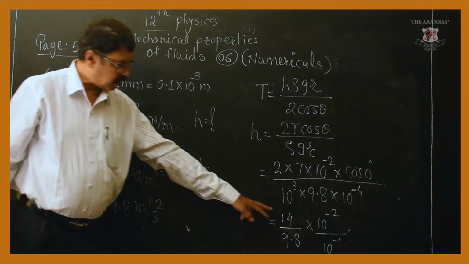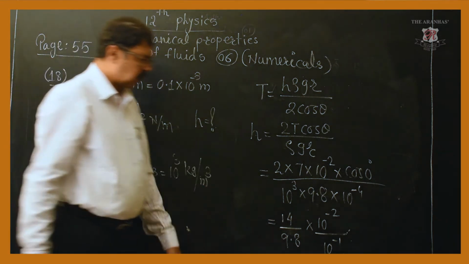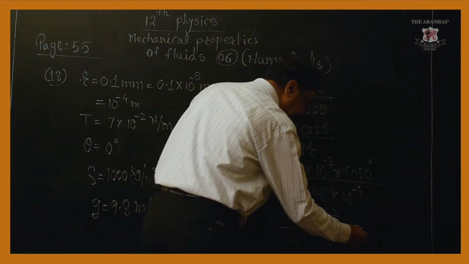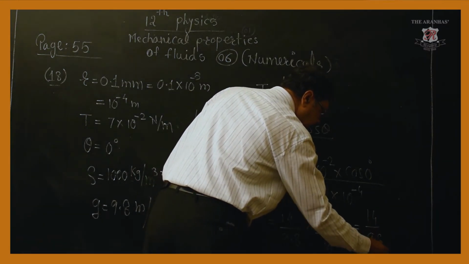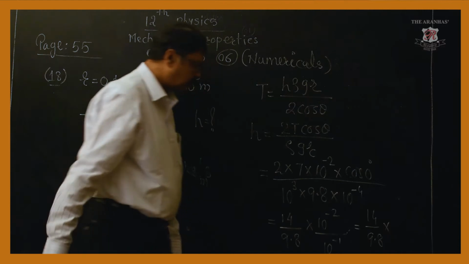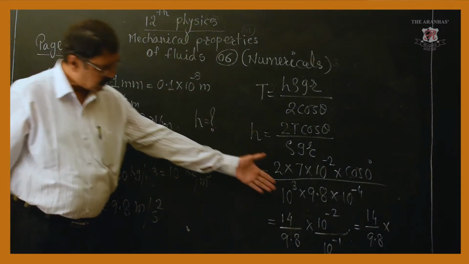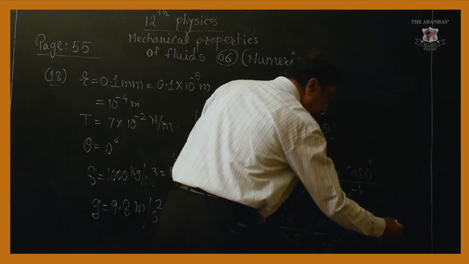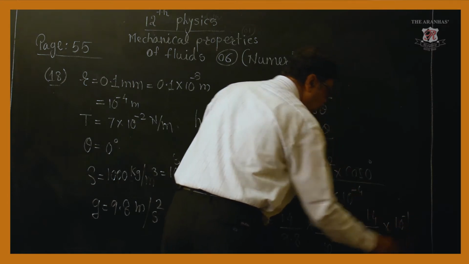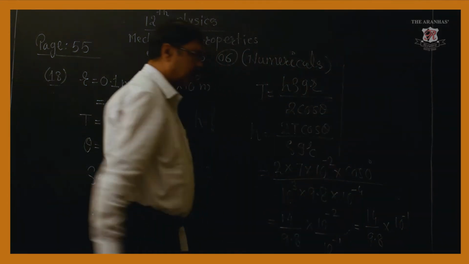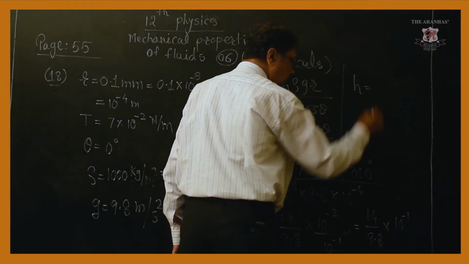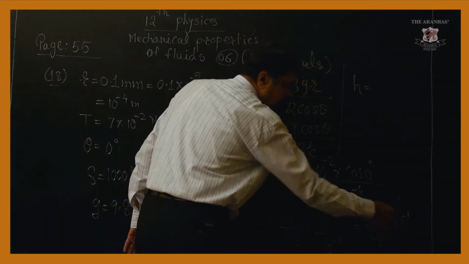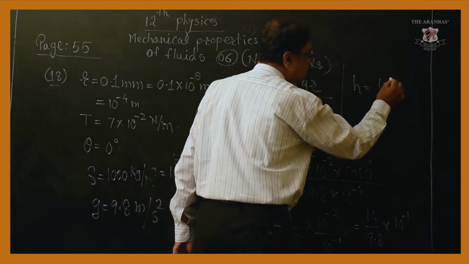You can calculate this by log, or you can write it as 14 upon 9.8 into 10 raised to minus 1. For easier calculations, what can be done now? This is 1.4. I am merging this 10 raised to minus 1 into 14.